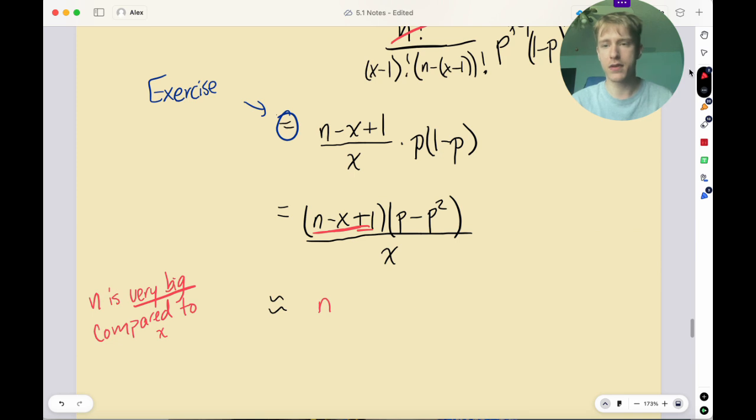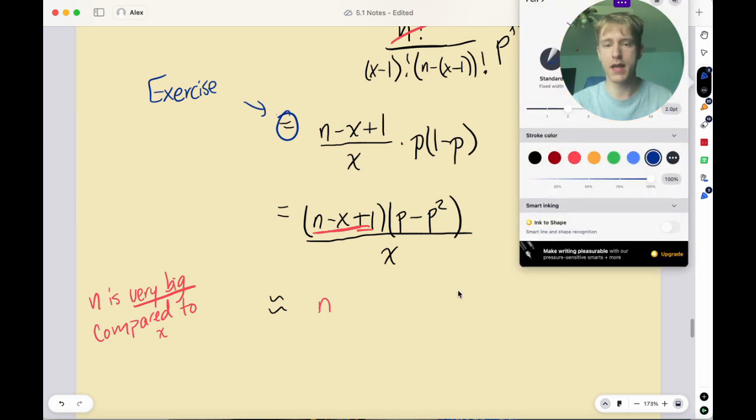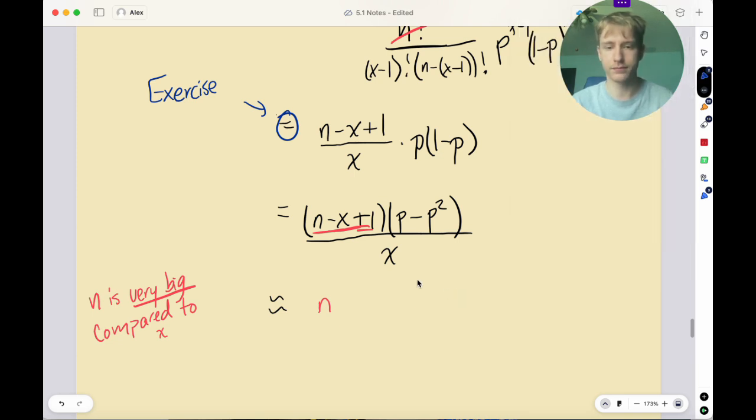And the second thing that we can do is simplify the second term. We can simplify that to p, provided what? Well, provided that p is very small.